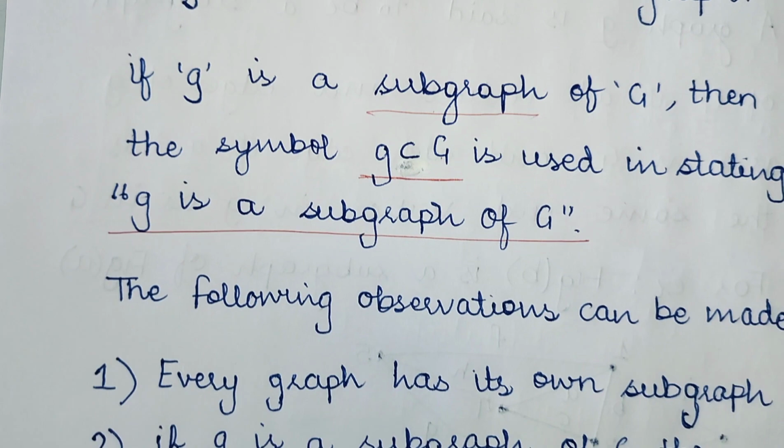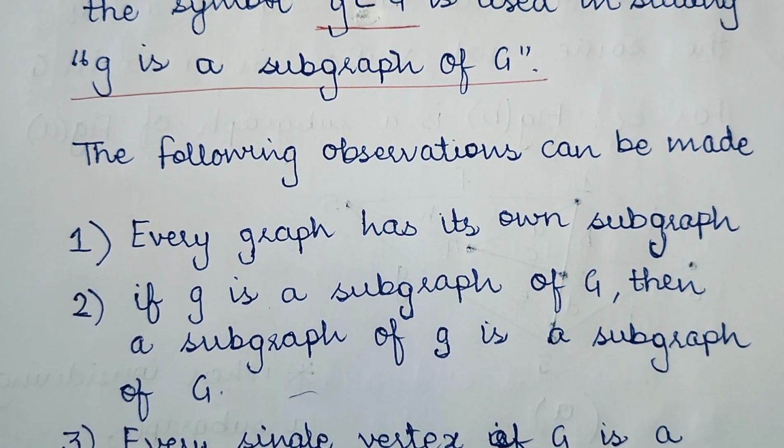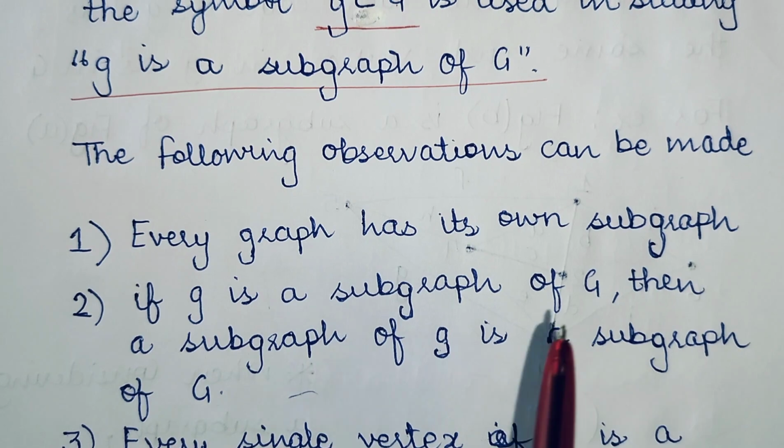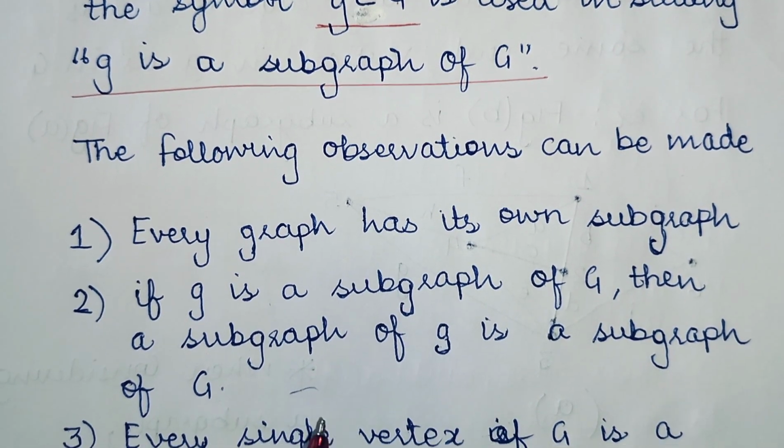Now regarding a graph, the following observations can be made. First observation is that every graph has its own subgraph. Any graph you take will have its own subgraph.